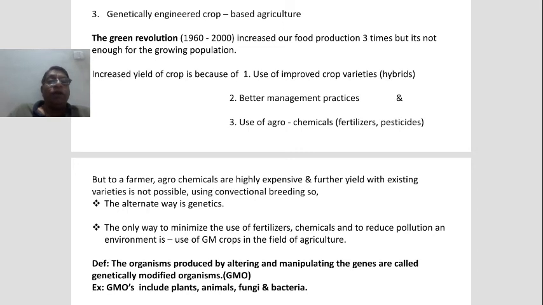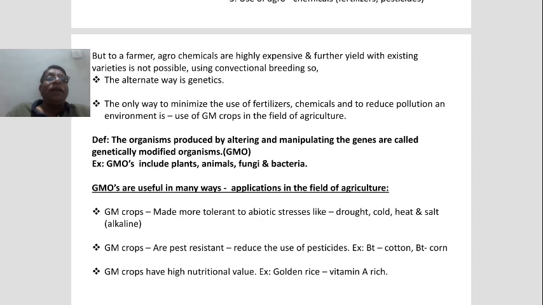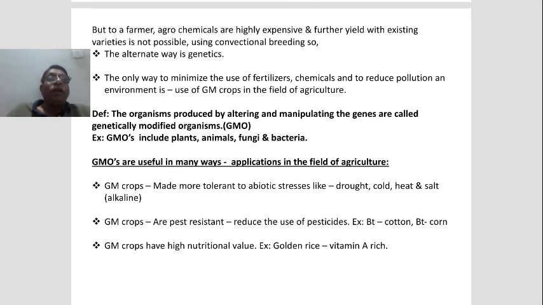For example, our farmers are growing BT cotton and BT brinjal. These are pest-resistant varieties of cotton and brinjal.